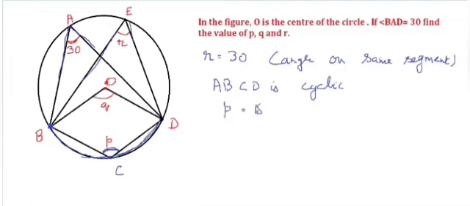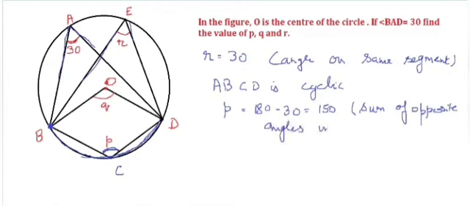So P can be written as 180 minus 30, that is 150, because the sum of opposite angles is 180 in a cyclic quadrilateral.